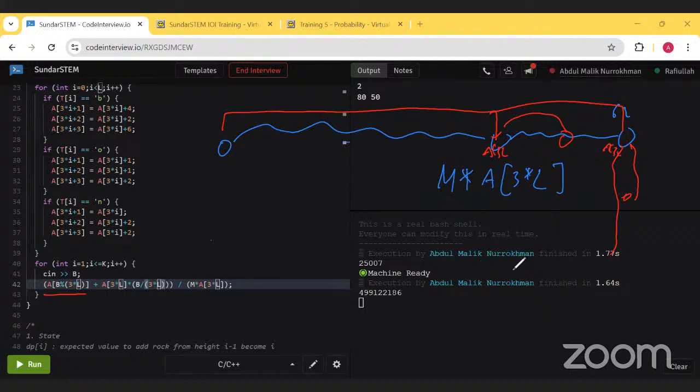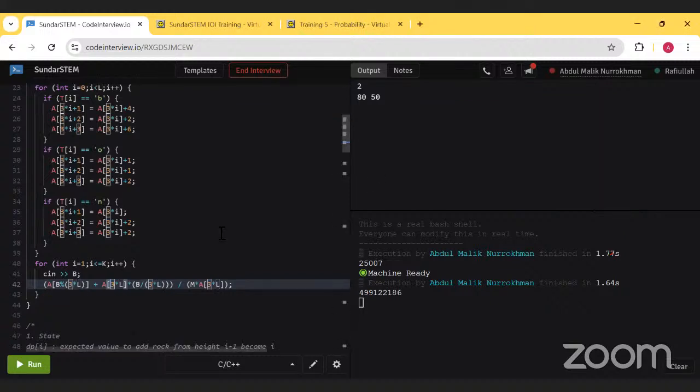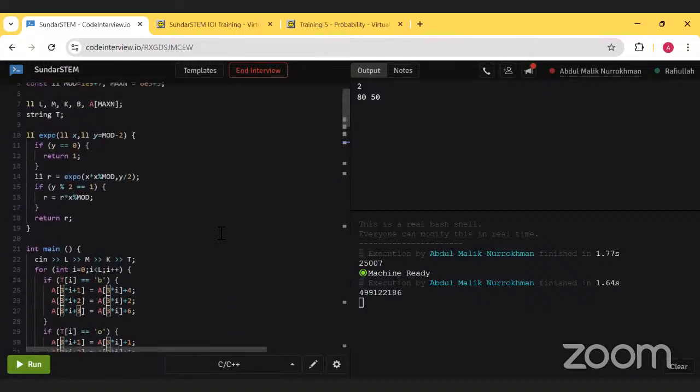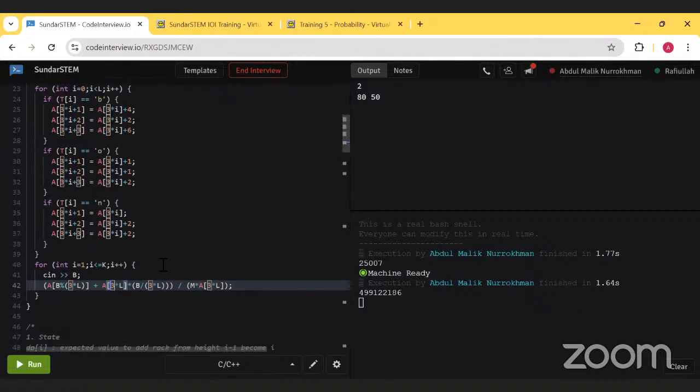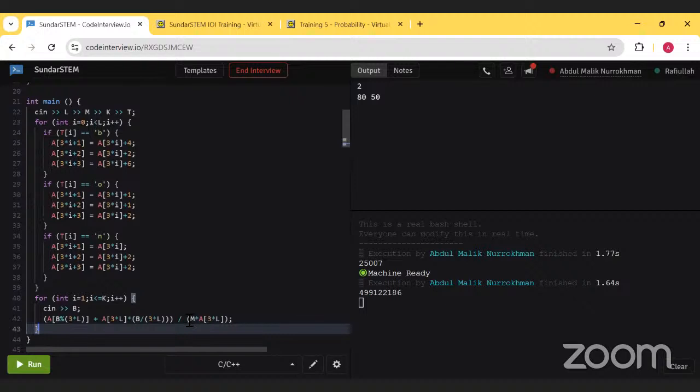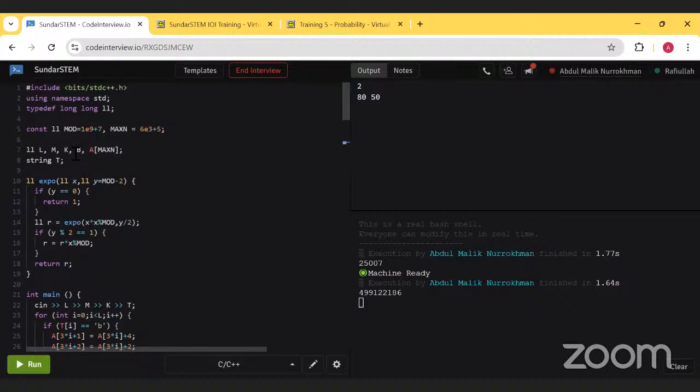Okay, so the formula will be like this, and we can make it simpler by using modulo here.